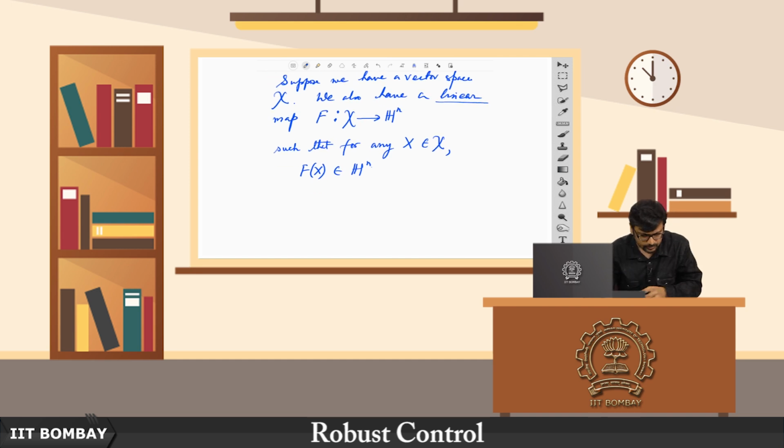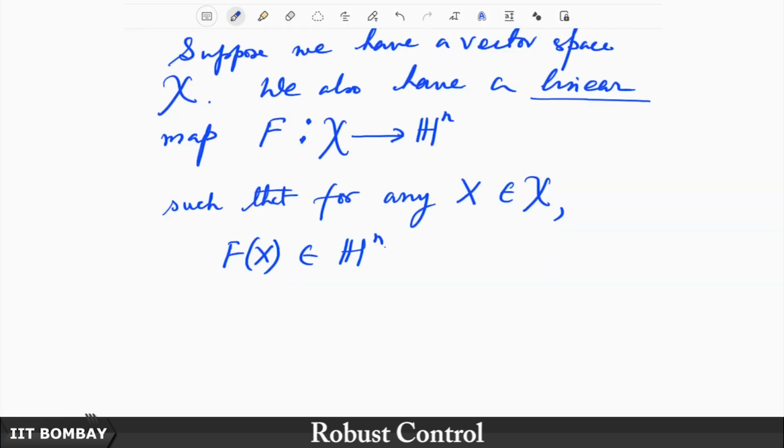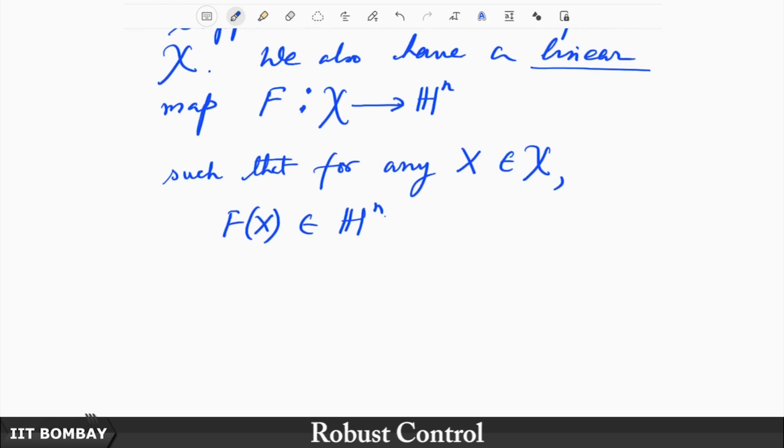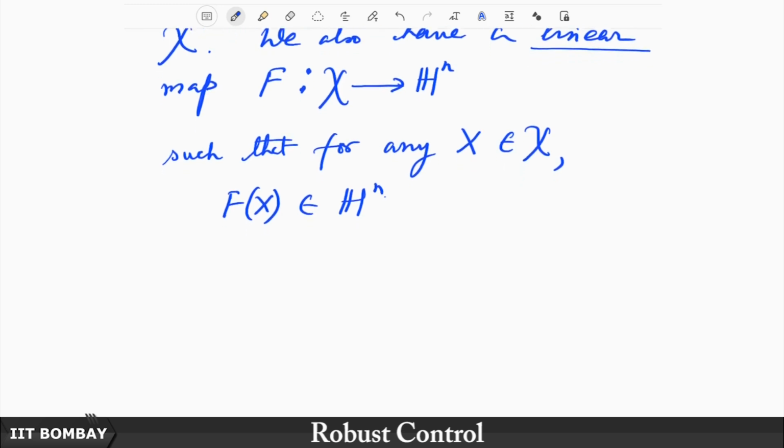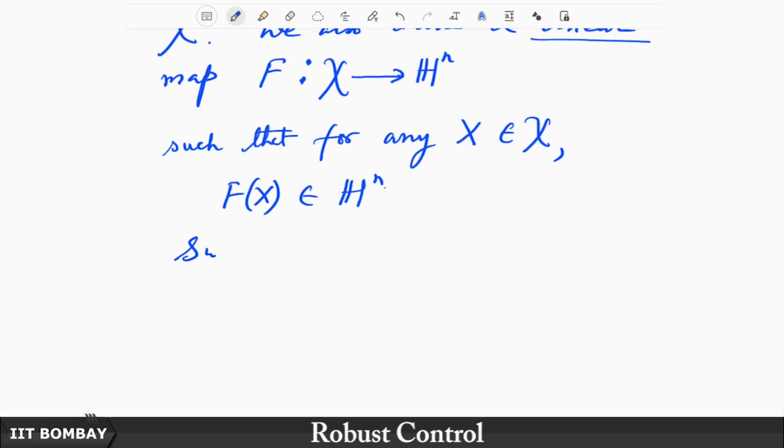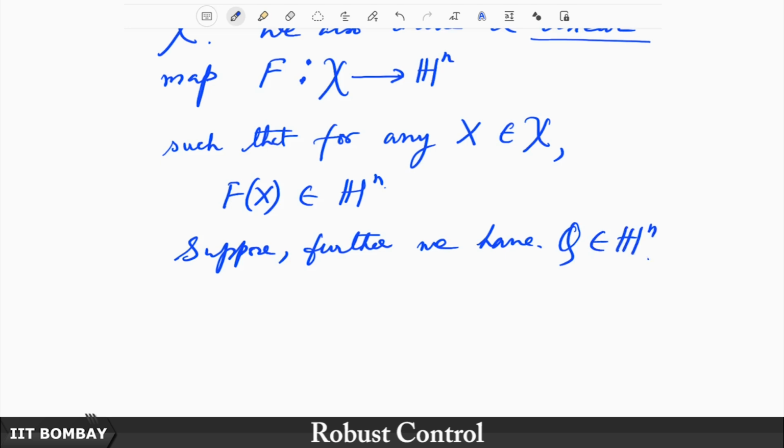So, then we say that a typical linear matrix inequality would look like this. Suppose further we have Q which also belongs to H of n.